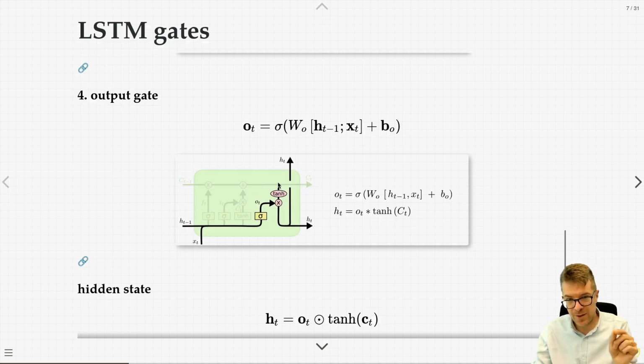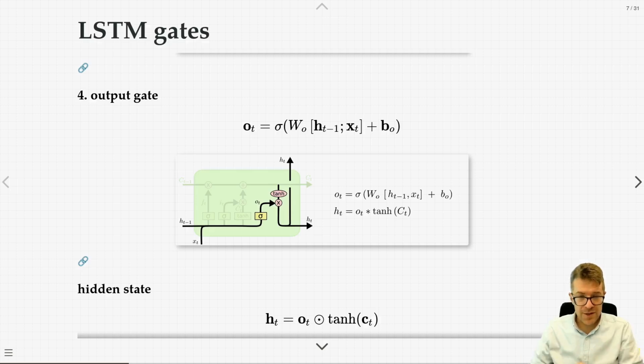So here the information from the newly updated cell state is passed through another nonlinearity, in this case a tanh, that is multiplied with whatever I have from my previous hidden state and my current observation. This is all combined together into the new hidden state h sub t, which I push forward as my short-term memory forward in time and upward through the network into deeper and deeper, more abstract layers above me.